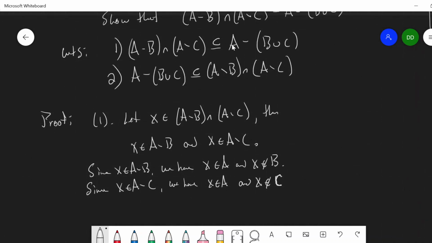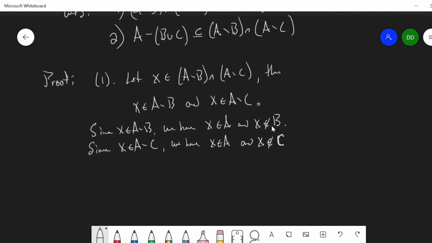I want to show that x is in A and x is not in B union C. So since x is not in B and x is not in C, we have that x is not in B union C. It's not in either B or C.